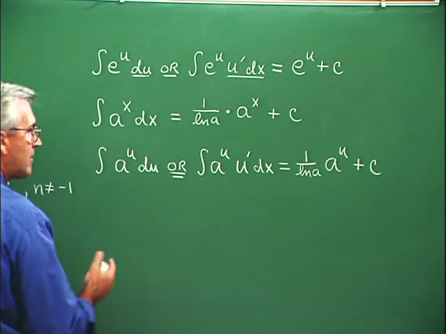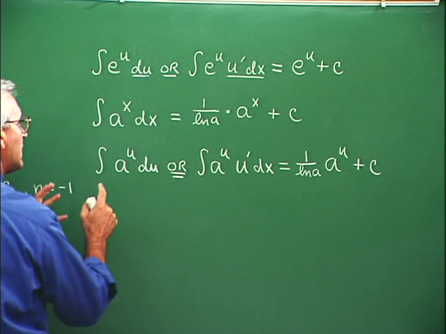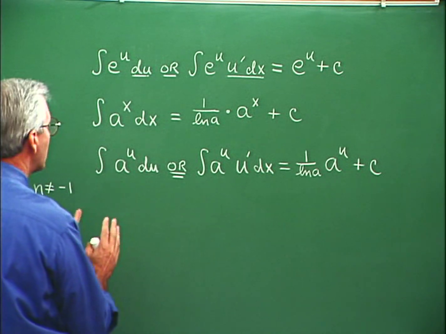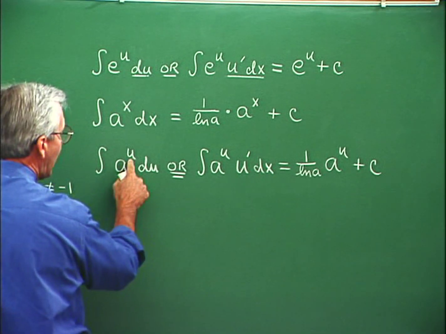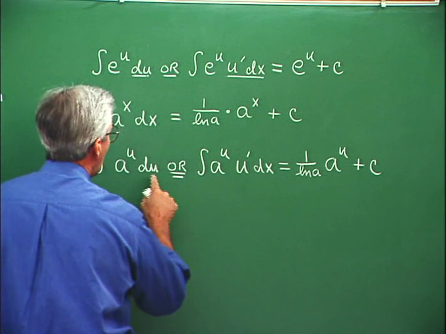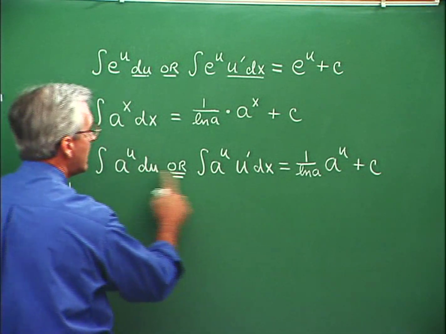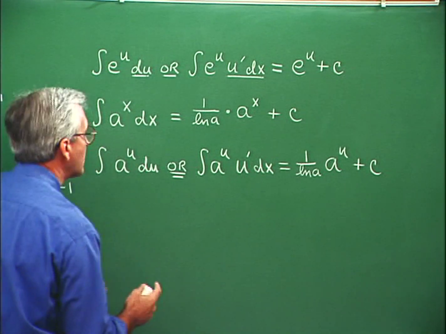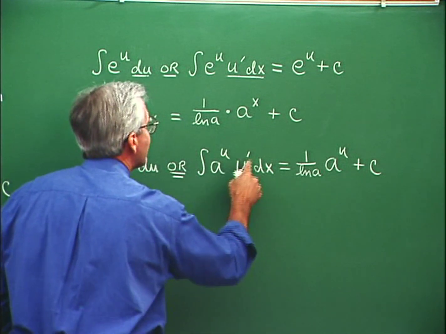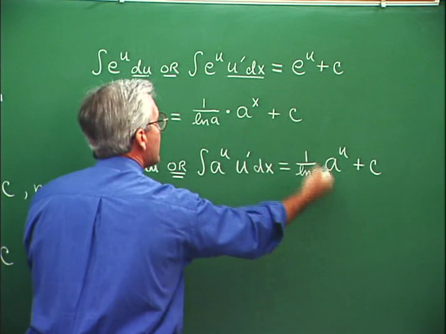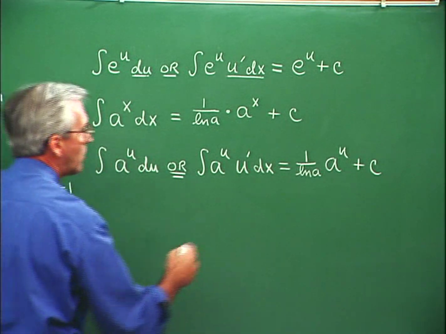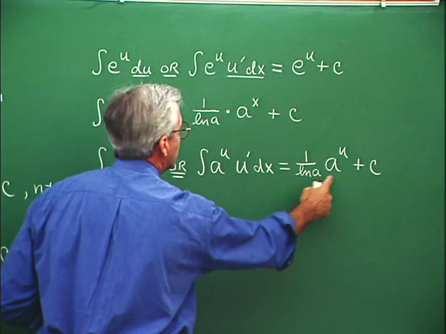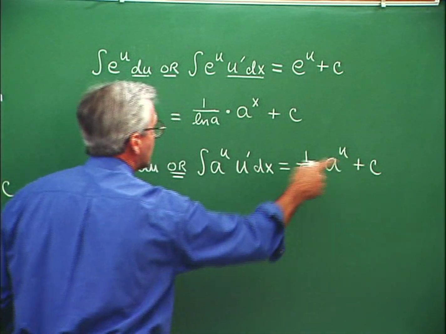And same idea here. To recognize the pattern, when we have a u idea, we have to have a du factor in here, or a u prime factor, interchangeable parts here. But once we see that pattern, then we get the same idea that we had before. It's 1 over the natural log of the base times a to the u plus c.